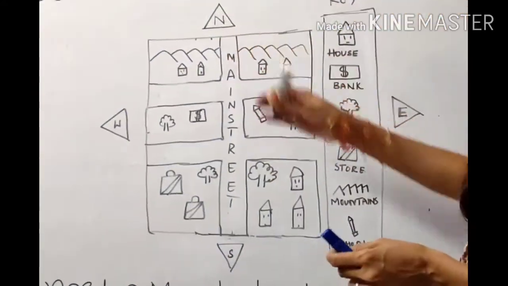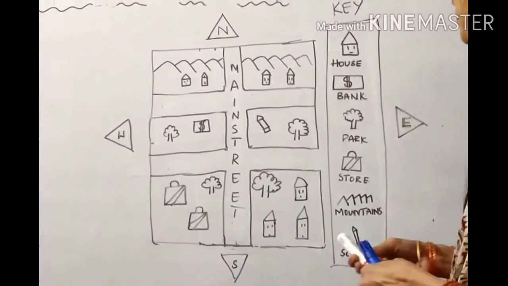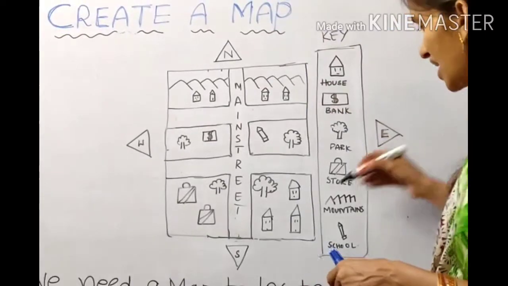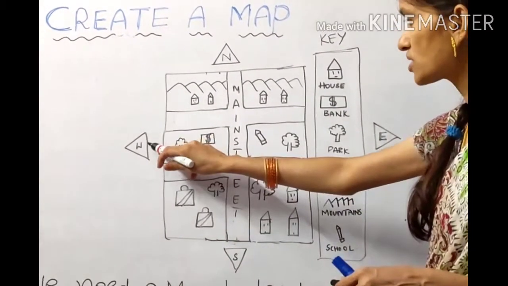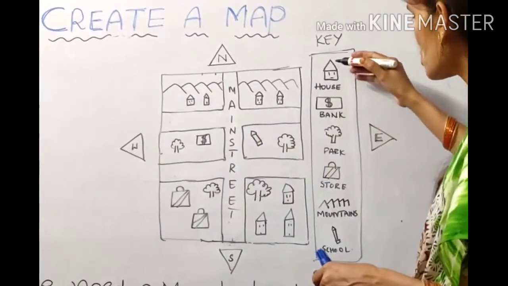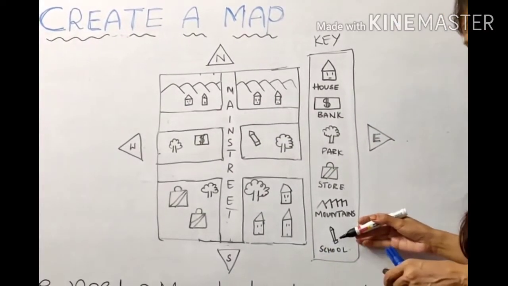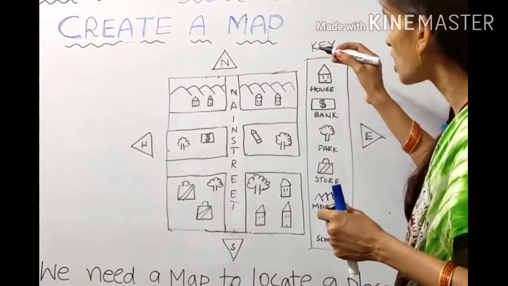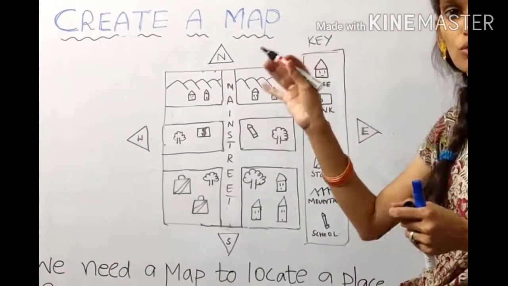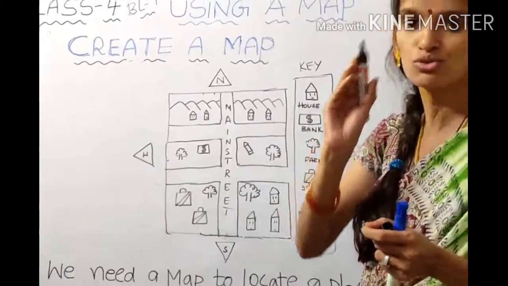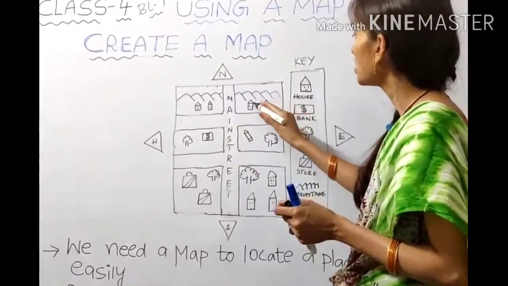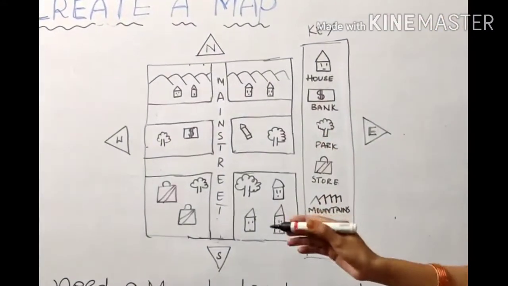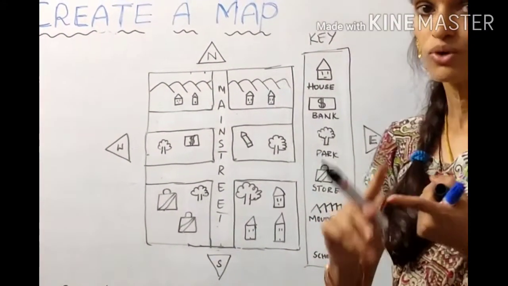This is my map, which I have drawn with the help of directions. Here the directions are there, and I have used the legend here. I didn't use colors, but if you are creating a map, you can use your colors. Here I have used symbols. So what are the elements?